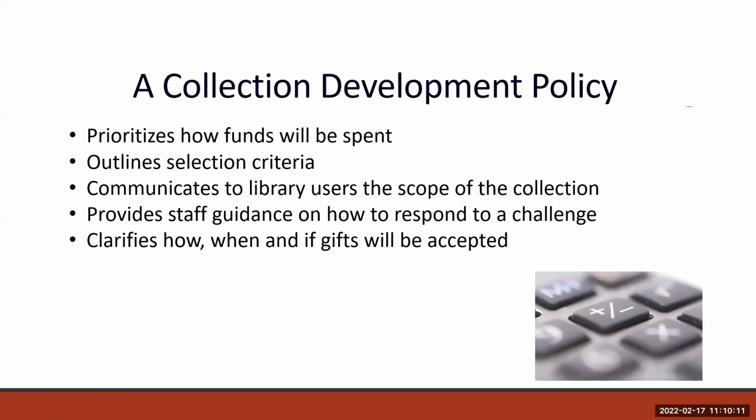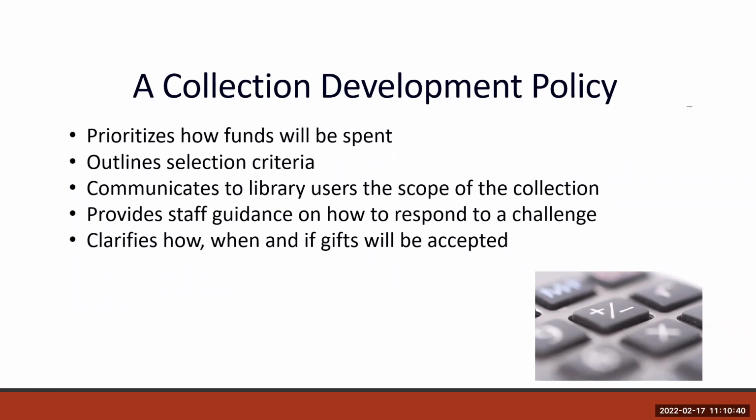Okay, some additional things. It reduces the influence of a single selector because it has that selection criteria, so it minimizes the effect personal bias can have on a collection. Lots of people have mentioned it sets standards for inclusion and exclusion. It forces staff to think about the organizational goals of the library, and helps with weeding and evaluating.